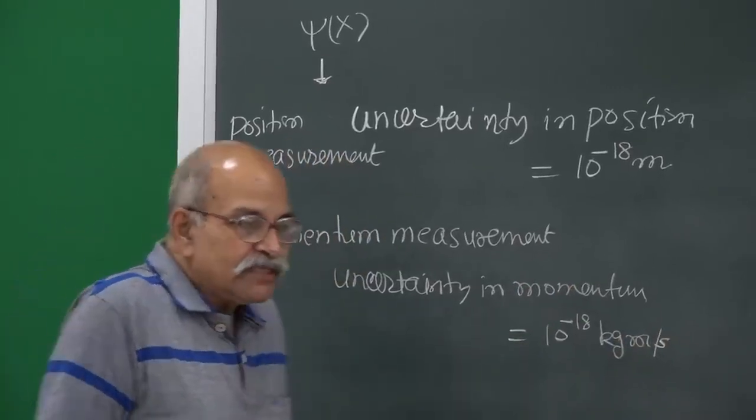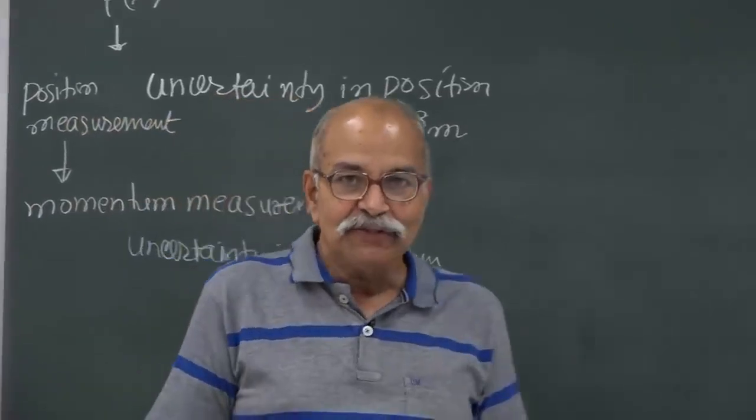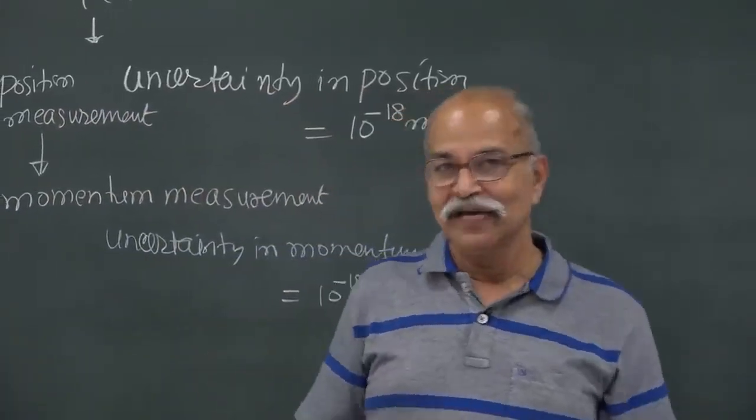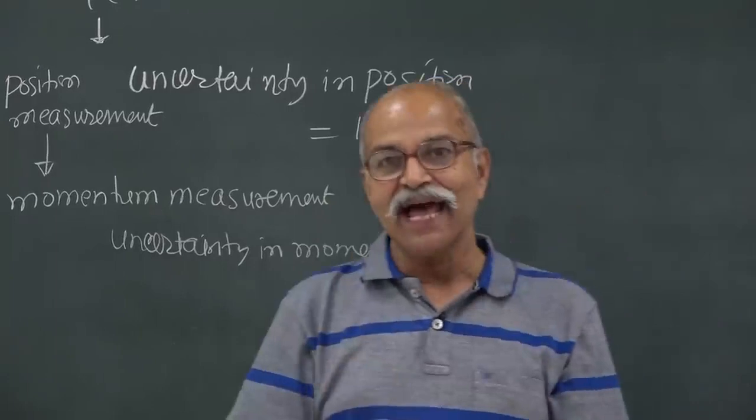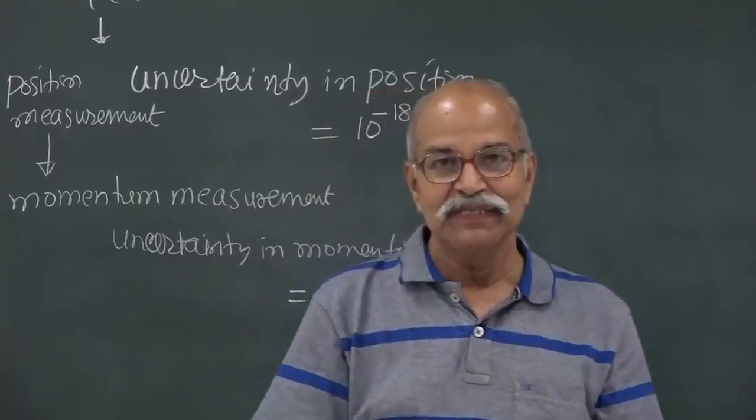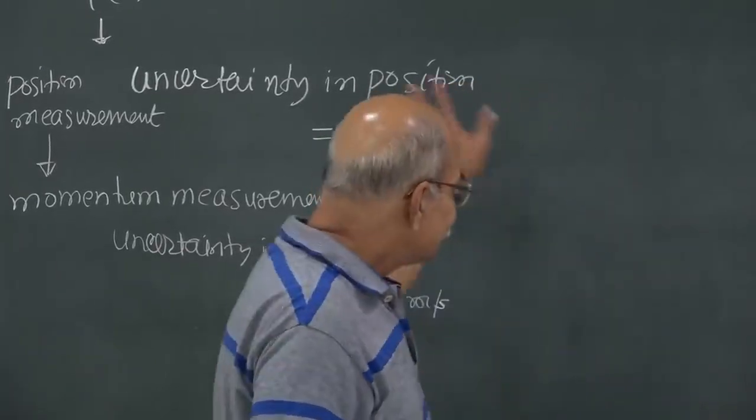Since I am doing the measurement, of course, I will know the value, and depending on the accuracy of my experiment the value will not be exact, it will have some range, some uncertainty, some error there. So, these are the things.